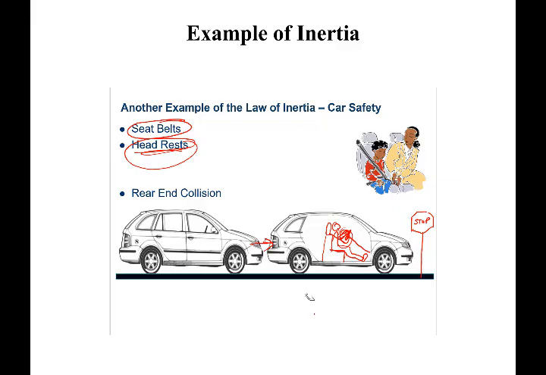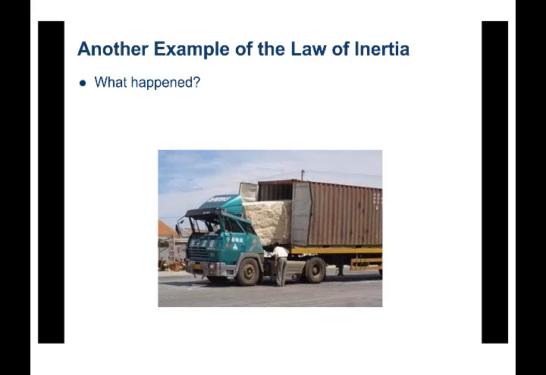In the same way, when you are standing in the bus and the bus is at rest and suddenly it starts moving, you fall backwards. The reason being that once the bus starts to move, you're still continuing to be in a state of rest. So these are common examples that are already seen.